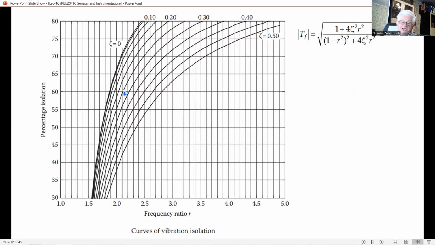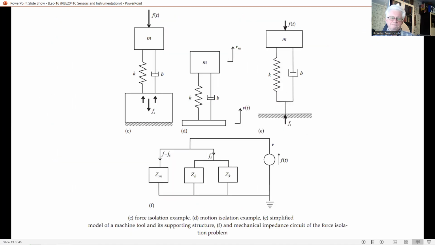The isolation curves are plotted in this diagram. These curves are useful in the design of vibration isolation. But we should note the model in our figure is not restricted to sinusoidal vibration. Any general vibration excitation may be represented by a Fourier spectrum, which is a function of frequency omega.